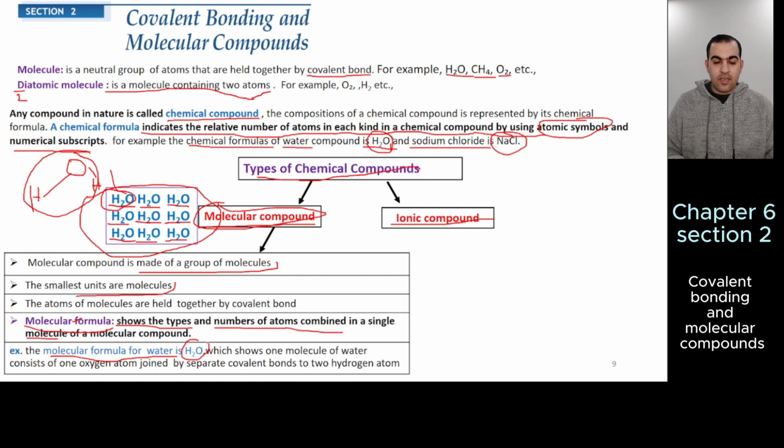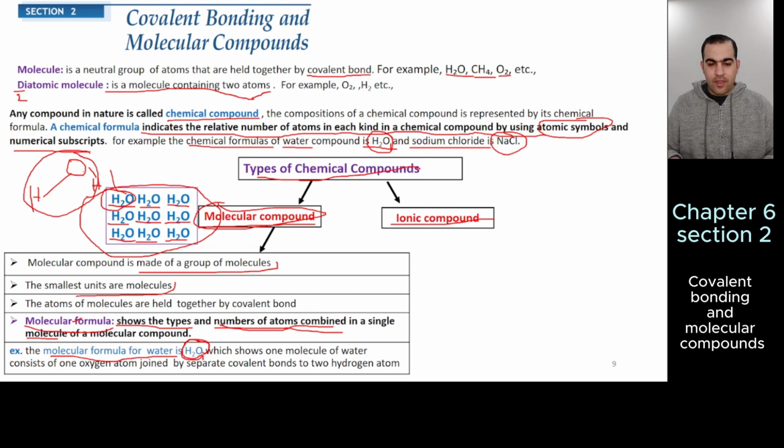What does it tell us? It tells us the type: we have hydrogen and oxygen. Number of atoms: we have 2 hydrogen and 1 oxygen in a single molecule. So a single molecule of water is made of 2 hydrogen and 1 oxygen.